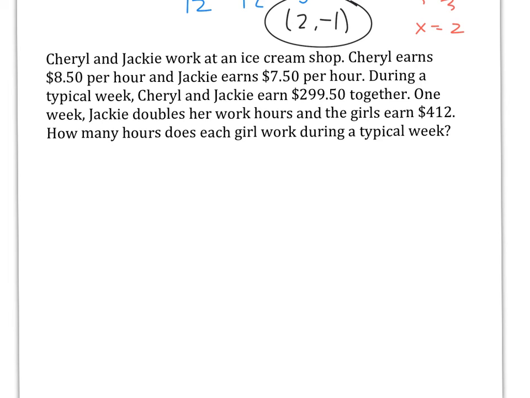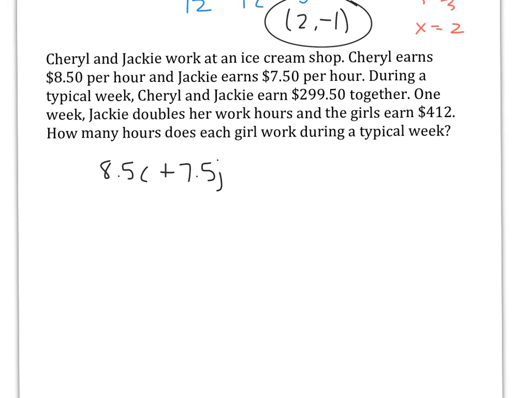There's a lot of information here, so let's break this down and let's write our first equation out. So we'll call C Cheryl's hours and J Jackie's hours. With this first sentence, Cheryl earns $8.50 per hour. So I'm going to say 8.5 times C, because Cheryl earns $8.50. Jackie earns $7.50 an hour.